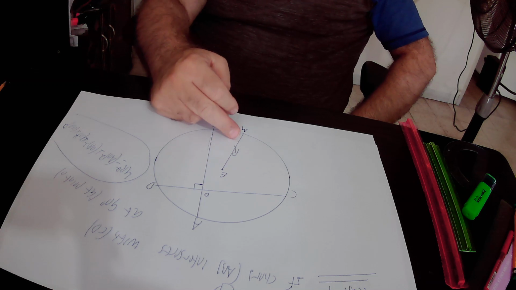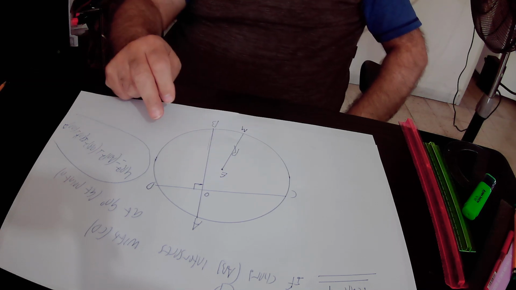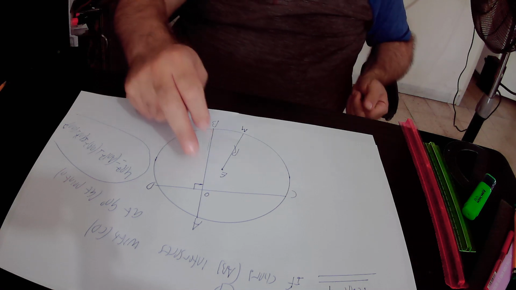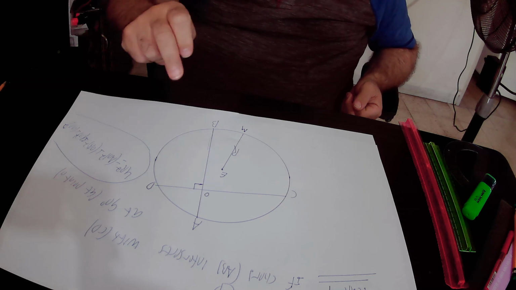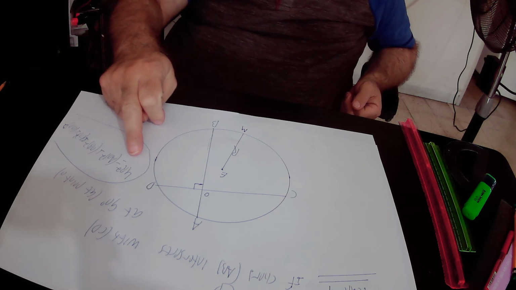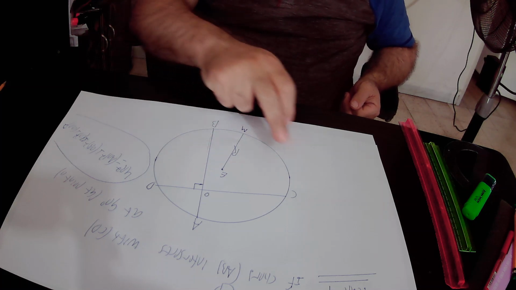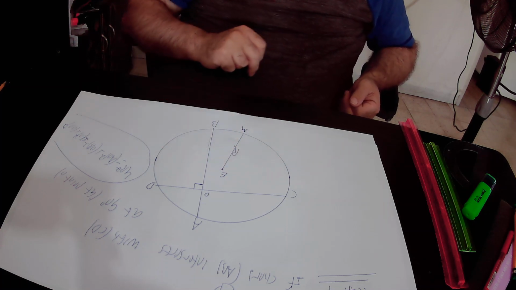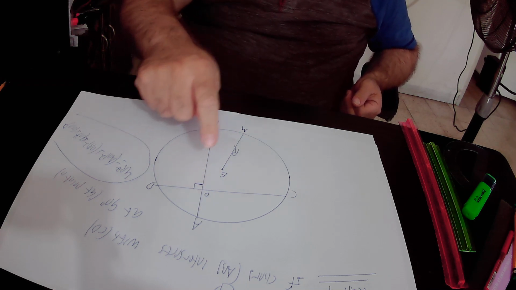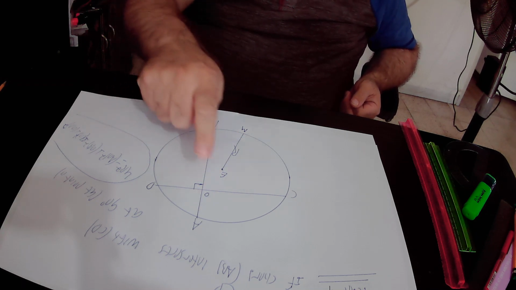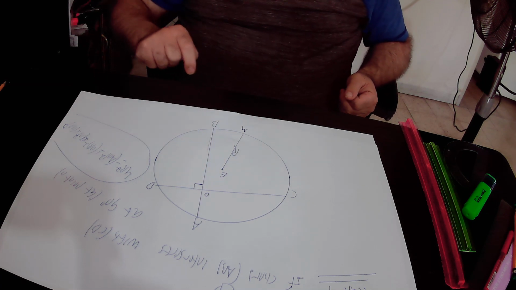So 4R squared equals AO squared plus OB squared plus CO squared plus OD squared.